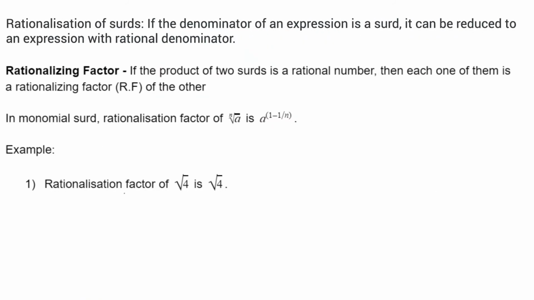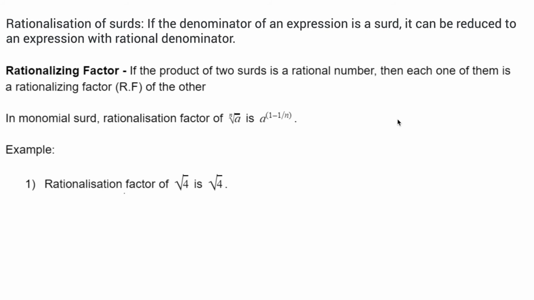Now coming to the next topic, which is rationalization of surds. If the denominator of an expression is a surd, it can be reduced to an expression with a rational denominator. As we saw, what is a surd?